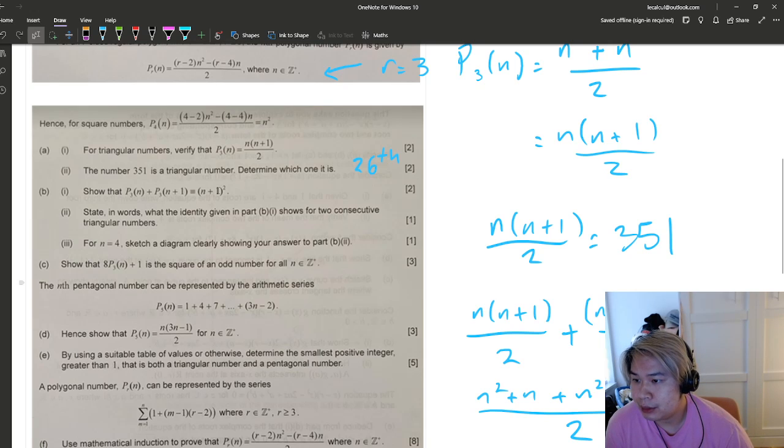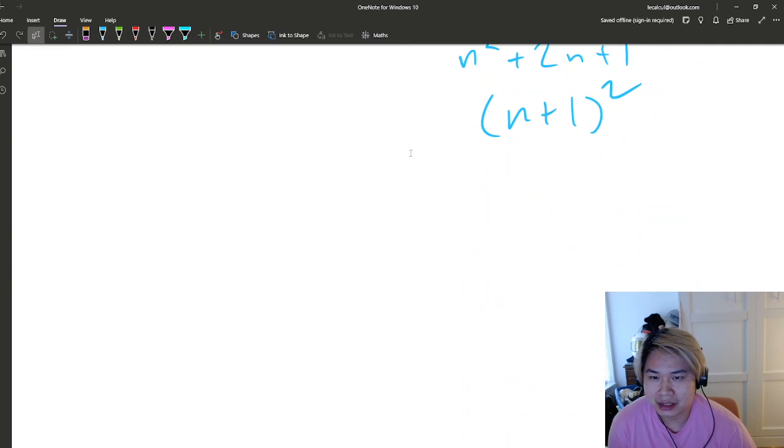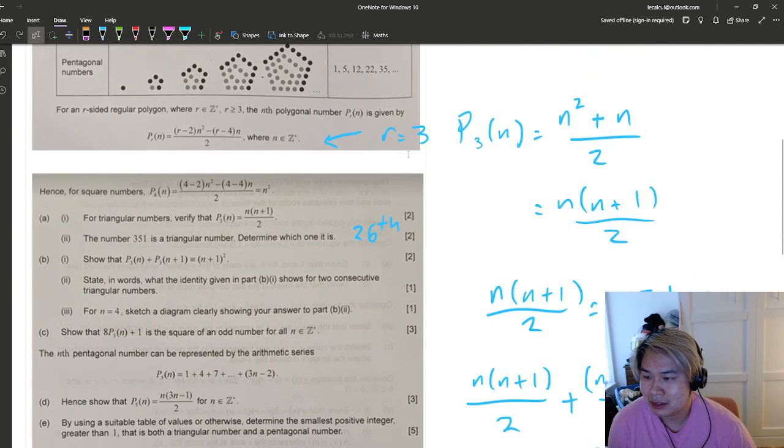State in words what the identity given in part b(i) shows for 2 consecutive triangular numbers. So I just have to state what this means in words.